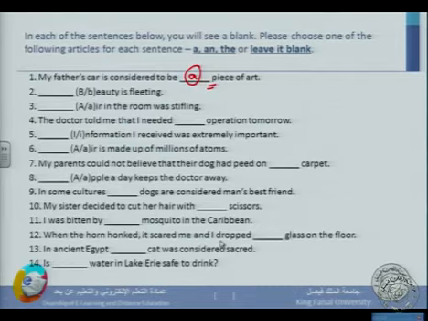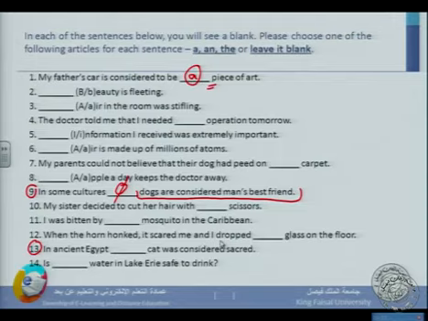So please, just do the rest of these examples by yourself. For example, number 9. In some cultures, dogs are considered man's best friend, like American culture. Okay? So here, it's zero article. We should leave it blank. Why? Because here we have kind of generalization, ta'mim. Okay? For example, number 13.